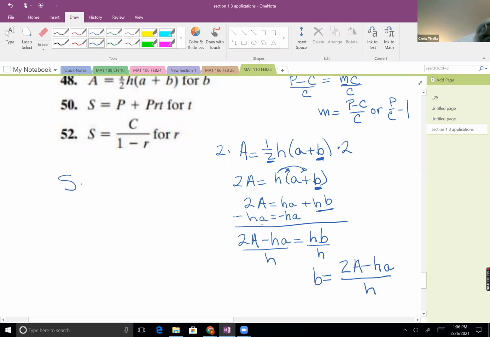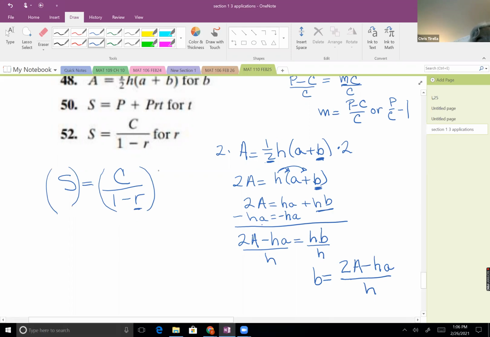Okay, next one. 52 is a little bit different. I have S equals C over 1 minus R. We want to get that R alone, but that R is in the denominator. Well, that turns it into one of those rational equations, those fractional equations. And like the one we just did, to get something out of the denominator, remember we were going to multiply both sides by the least common denominator.